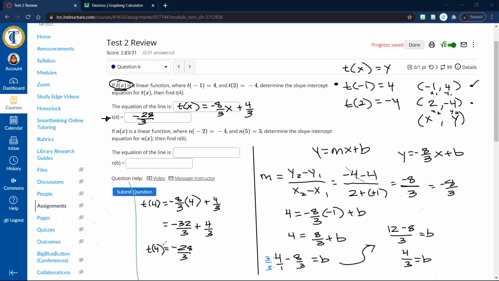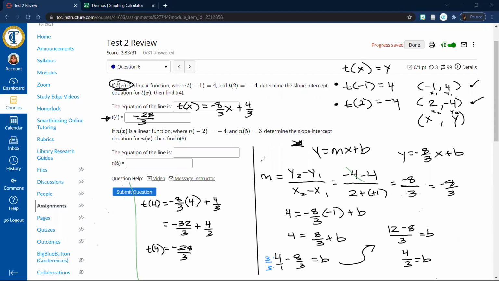Any questions on this one? And remember, you could have used y equals mx plus b again right here, or you could have used the point-slope formula. Either one would have gotten you the same thing. So recap for this one: you've got to determine what your points are from what it gives you.